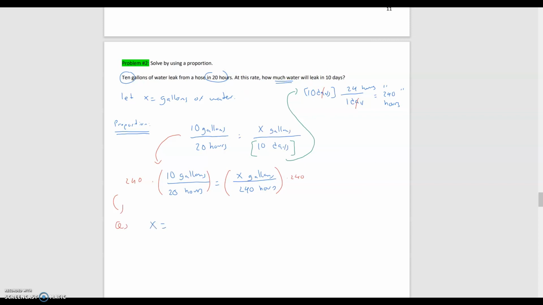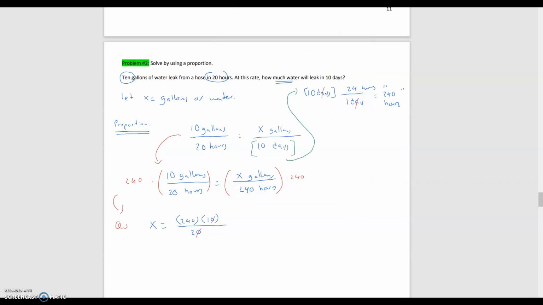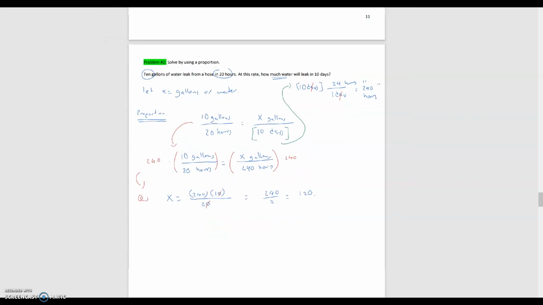So we're looking at X is equal to 240 times 10 over 20. And let me just double check. So 10 times 240 divided by 20. We can cancel one of the tens, and we're looking at 240 divided by 2. So this will be 120. And in this case, X is equal to 120 gallons.